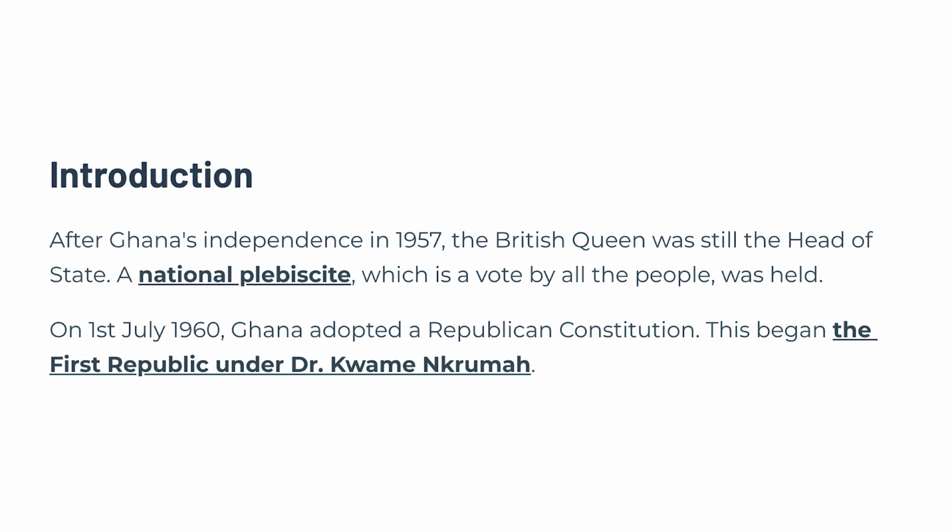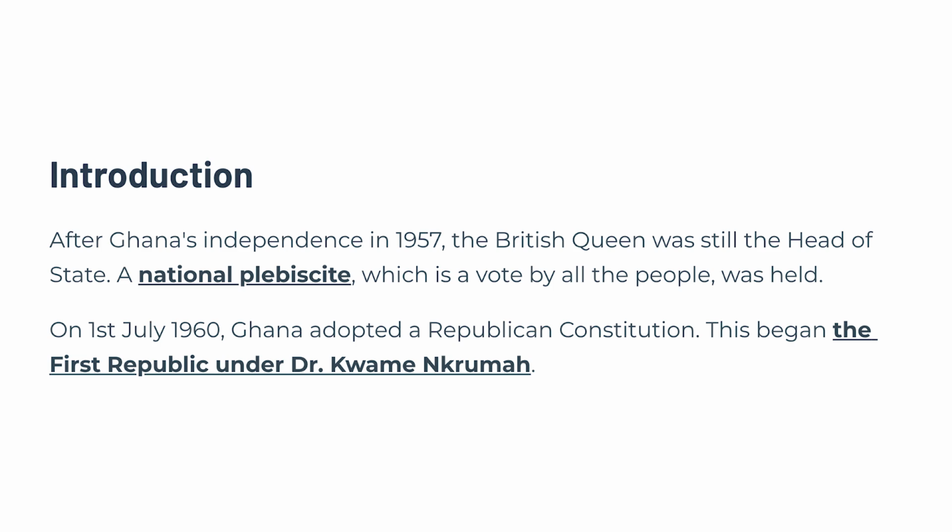After Ghana gained independence in 1957, the country was free, but its head of state was still the British Queen, as we learned in the previous strand. This meant Ghana was independent, but still connected to British authority. To change this, Ghana held a national plebiscite, which is a vote by the people to decide on a new system of government.